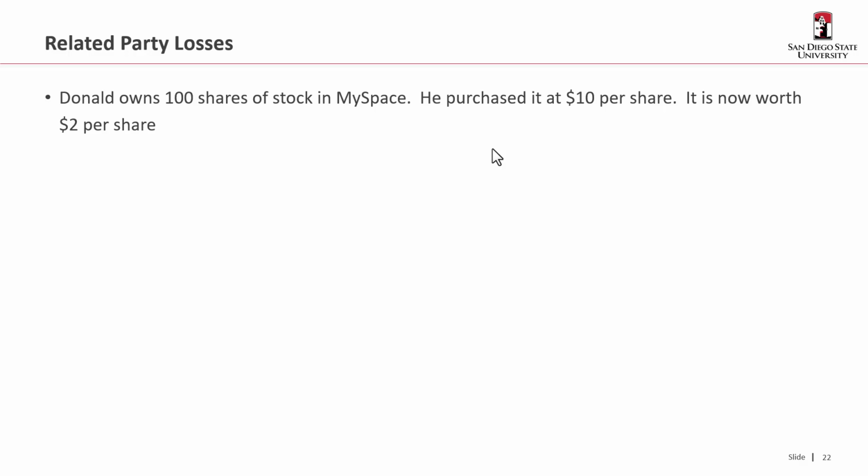So let's talk about what can happen in situations where there's a related party transaction that gives rise to a loss. So Donald owns 100 shares of stock in MySpace. And he purchased it a long time ago at $10 a share. Now, of course, it's only worth $2 a share. If you're not familiar with MySpace, it was the predecessor to Facebook. Anyway, it's way down in value.